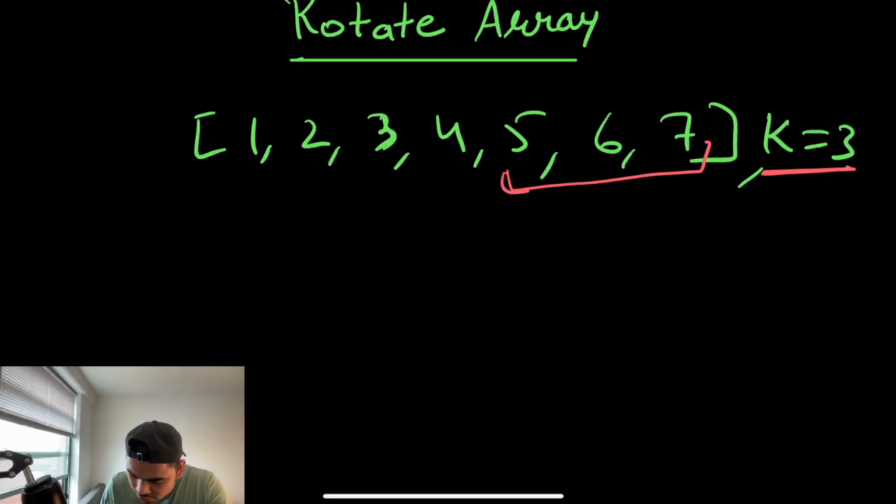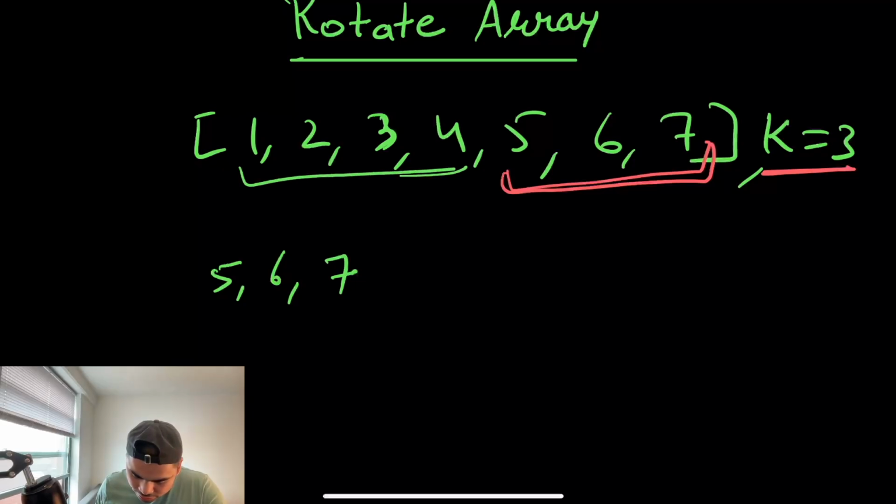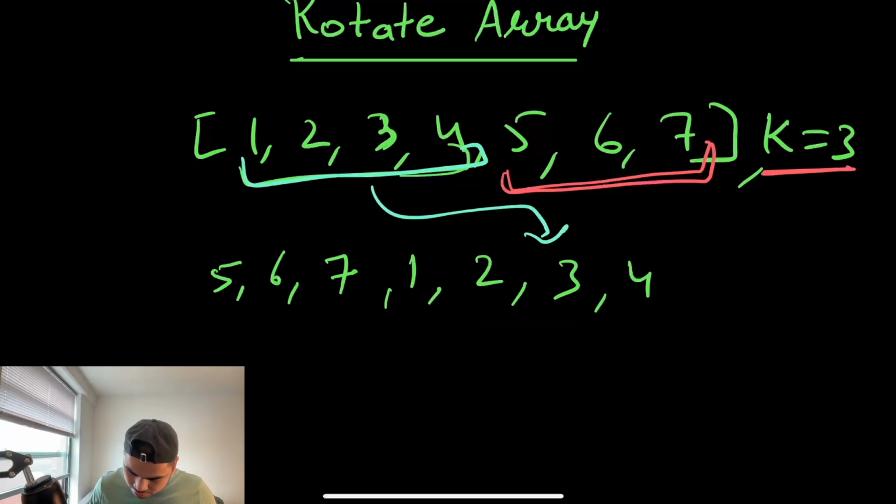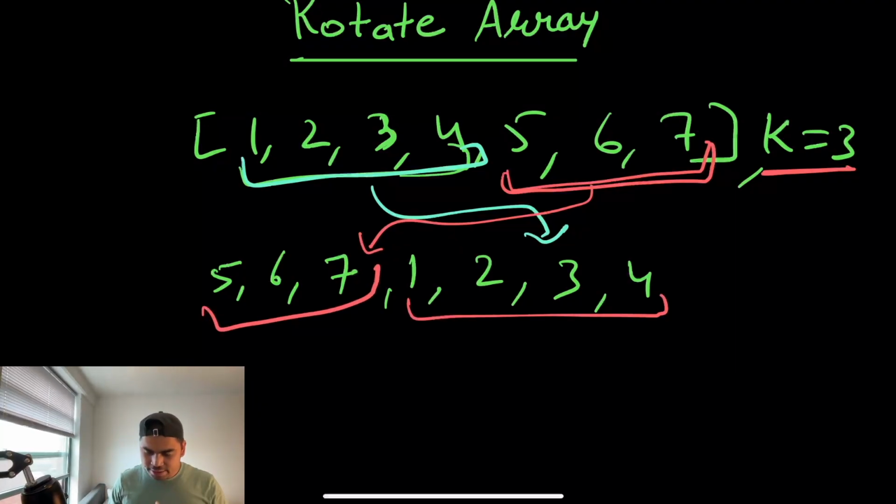So 5, 6, and 7 come to the front, and all these values were moved next to them: 1, 2, 3, and 4. These values came from here, and these values came from here. Because our k size is 3, you move 3 values from the back. That's what happened when we used the extra space.